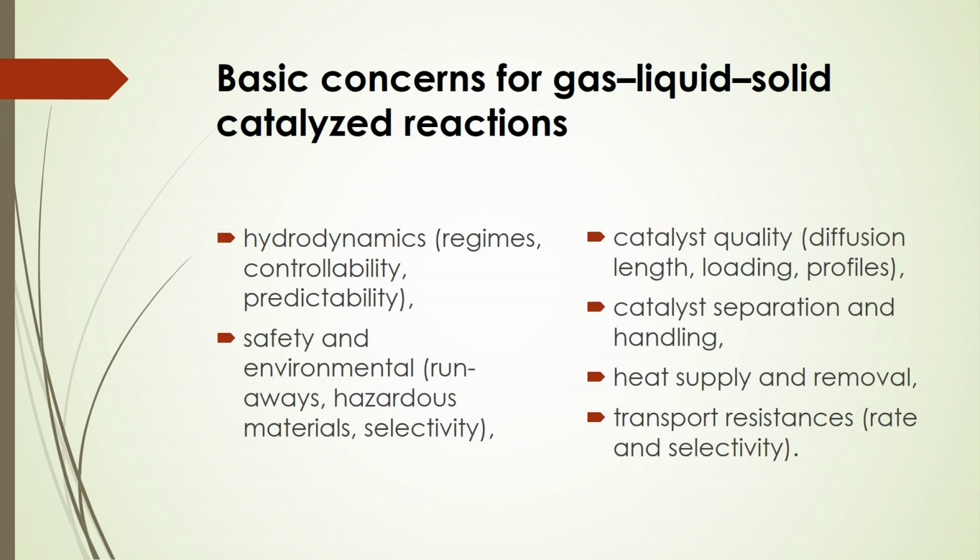And also you have to think about transport resistances, maybe rate and selectivity. If there is gas-liquid transfer or gas-solid reactions, how the thin liquid film will play a role in gas-liquid reactions, and also on the solid surface how porosity will take part in the particular reactions to get selective yield.